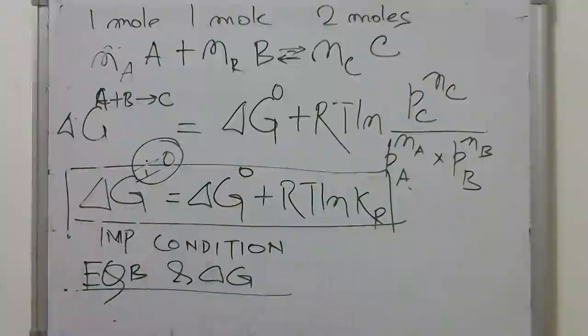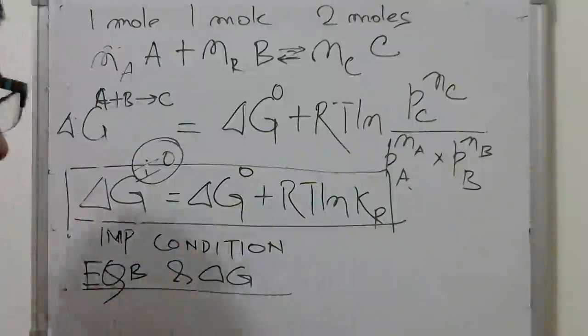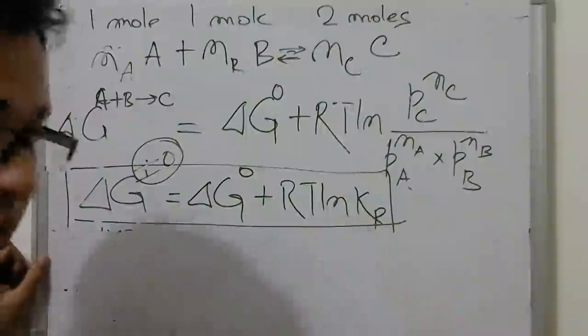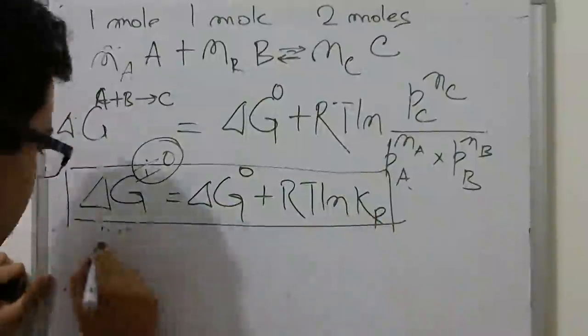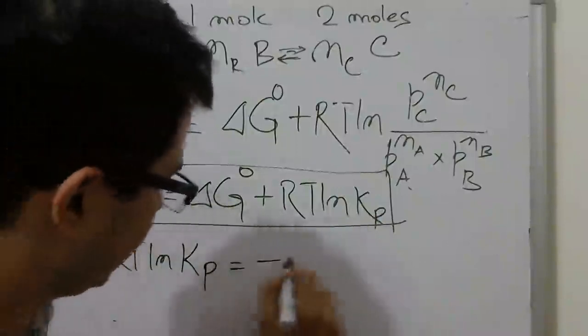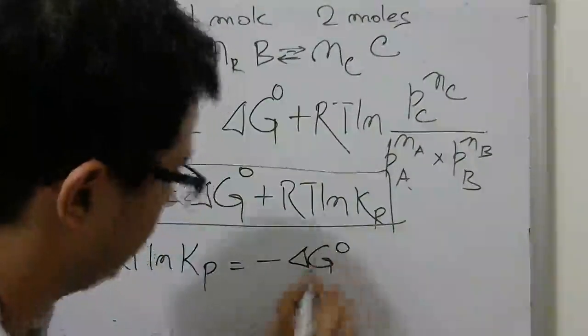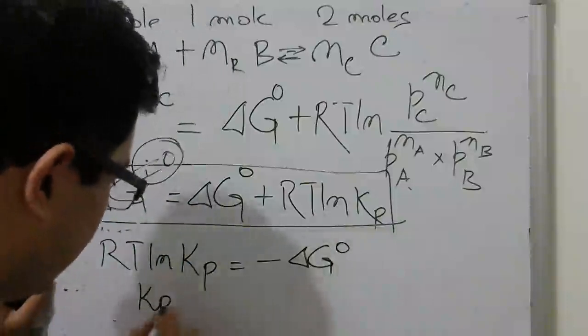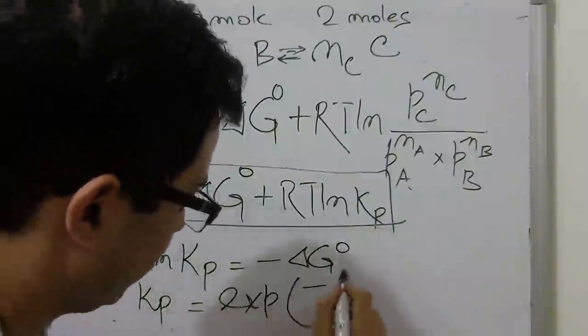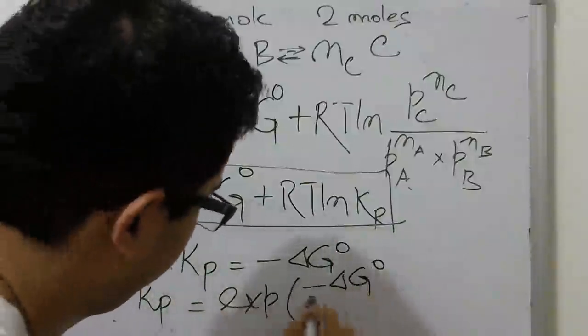So from here I find out the Kp value, which is RT ln Kp equals minus delta G0. So Kp is exponential of minus delta G0 by RT.